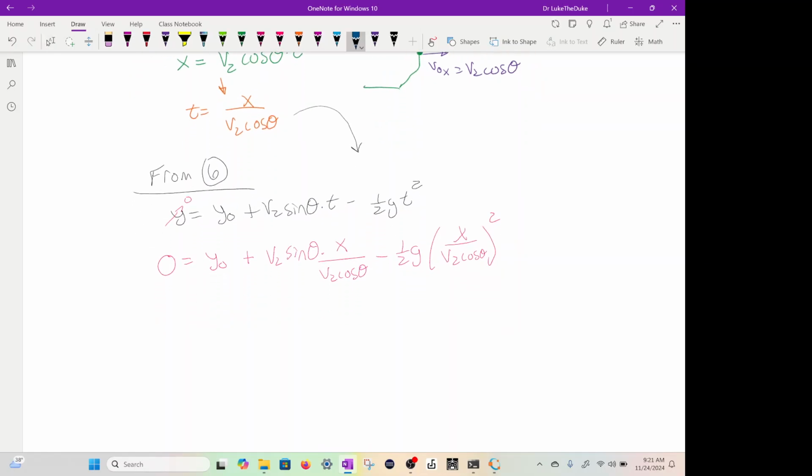Ooh, cool. We're getting somewhere. Now, these two cancel, sine over cosine is tan. So we get tan theta times x minus 1/2 g, I'm going to rewrite this as x squared all over v2 cosine theta squared.